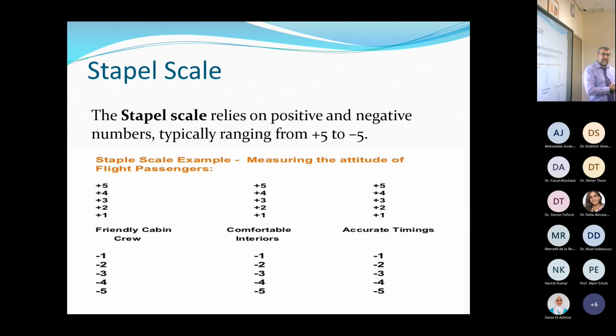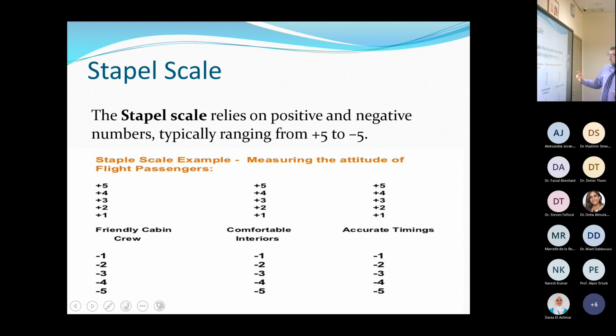Another example, Stapel scale. In the Stapel scale, what we use is only one concept in the middle. So we don't think of opposing concepts, high prices, low prices. We use only one concept, and we put it in the middle. And then we use positive and negative numbers to positively or negatively evaluate the existence of this concept.